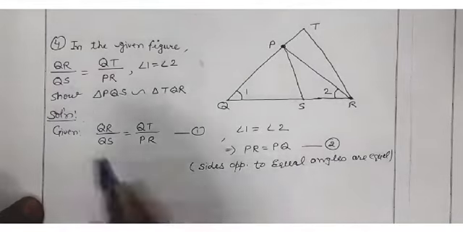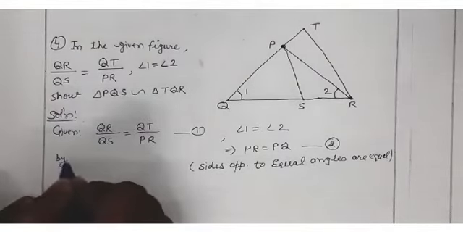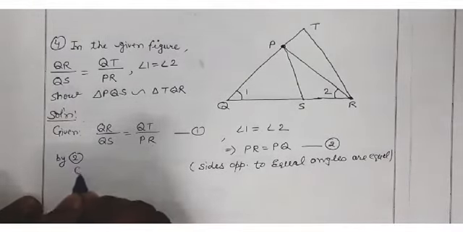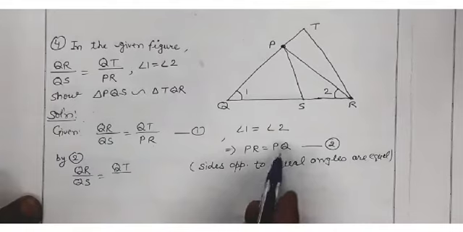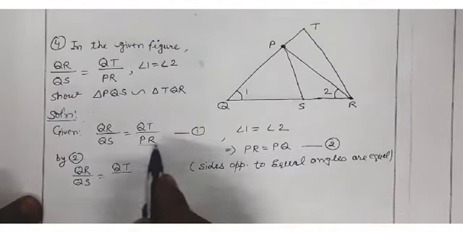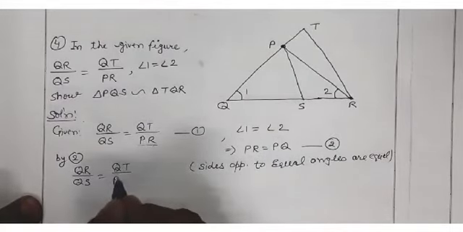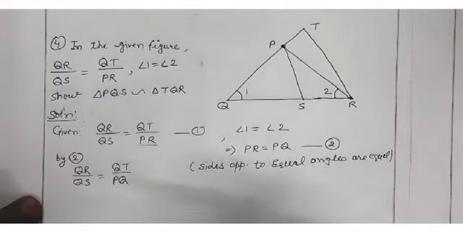Putting this in, QR upon QS is equal to QT upon PQ, in place of PR, by second.